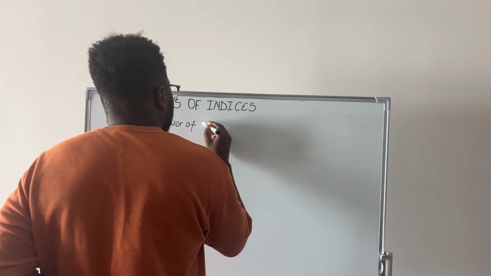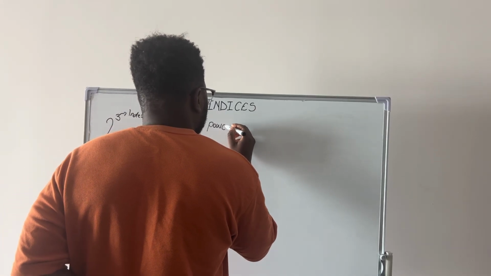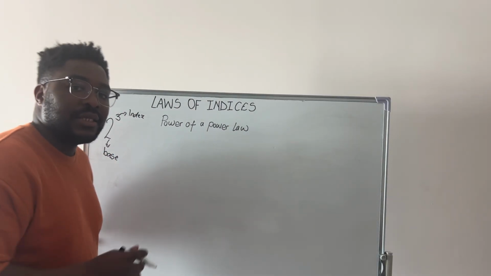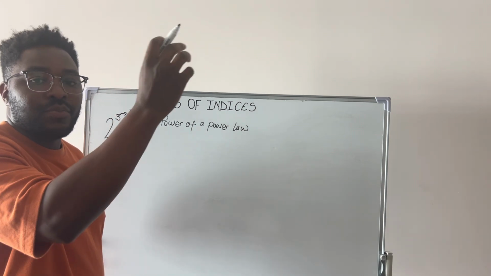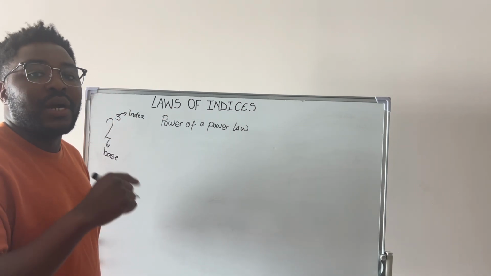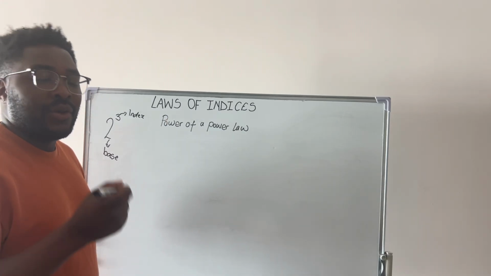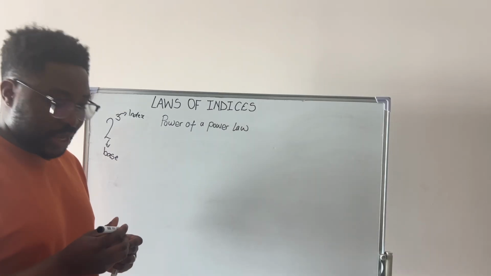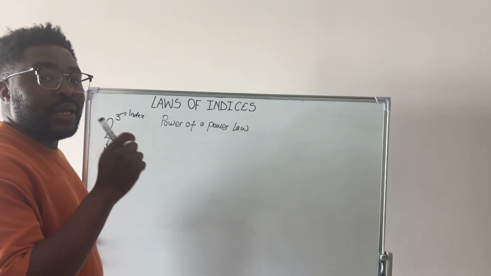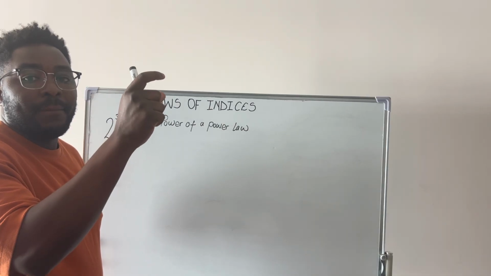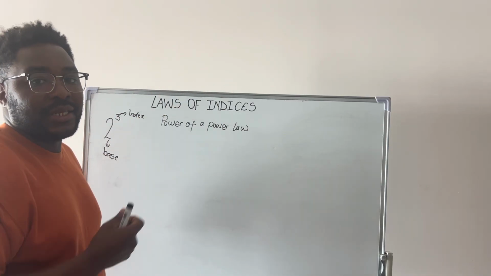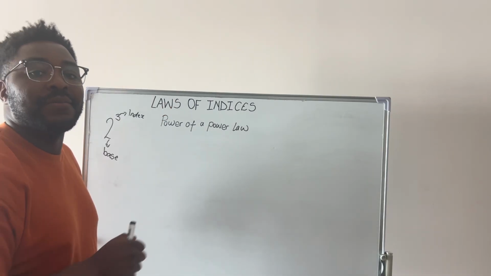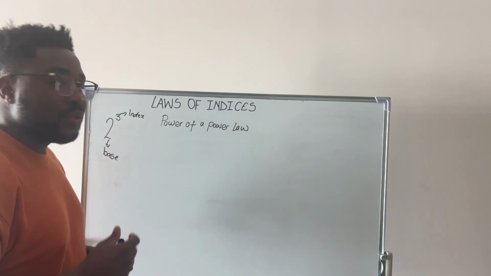This law states that if an indices expression is raised to another index, all you have to do is multiply their indices. I'll repeat that. If an indices expression is raised to another index, all you have to do is multiply their indices. Let's put that in practice so we can visualize it.